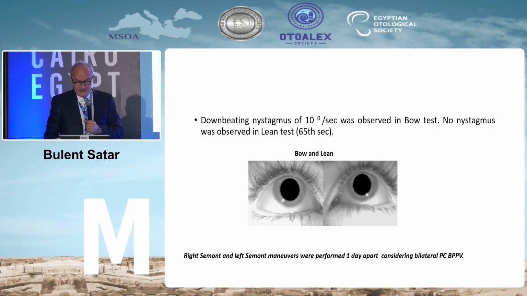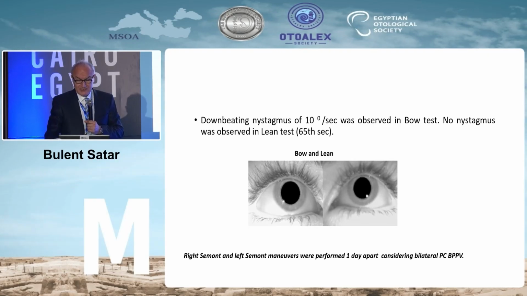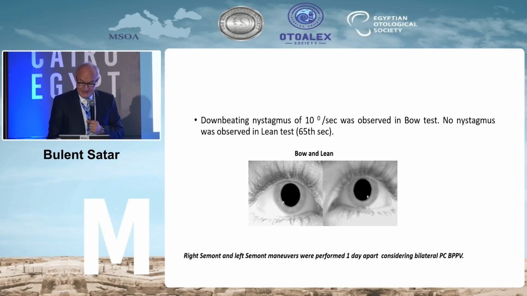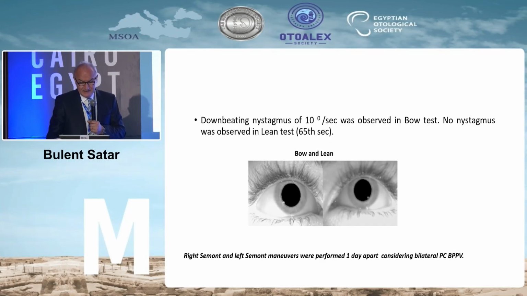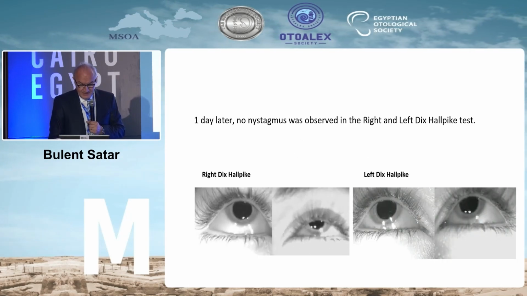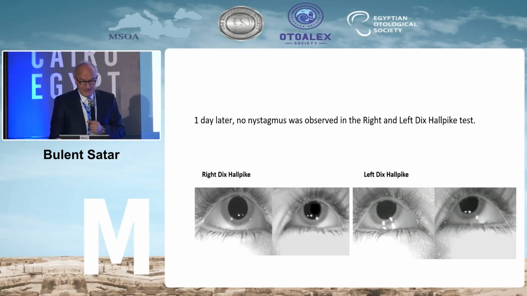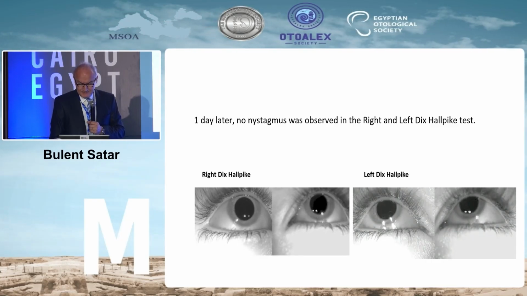In this test, downbeating nystagmus of 10 degrees was observed in both tests. No nystagmus was observed in the lean test. And right and left Semont maneuvers were performed one day apart. One day later, no nystagmus was observed in the Dix-Hallpike test.